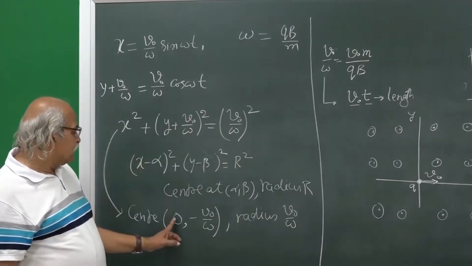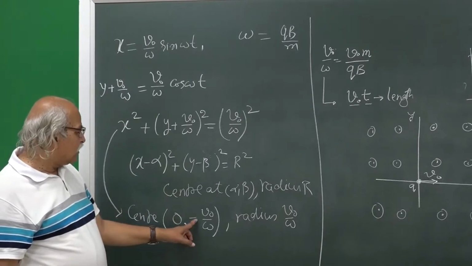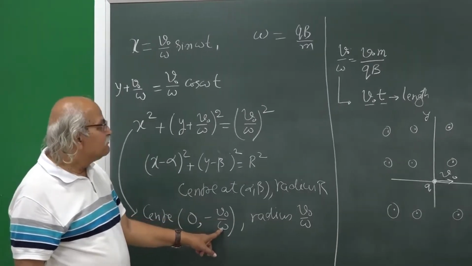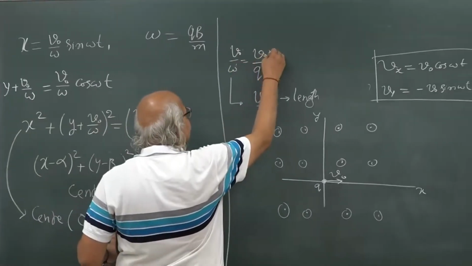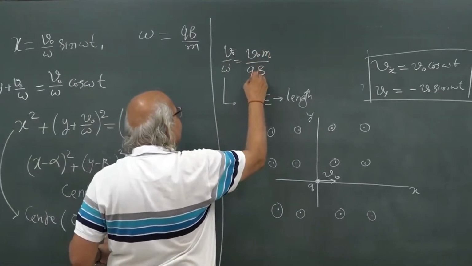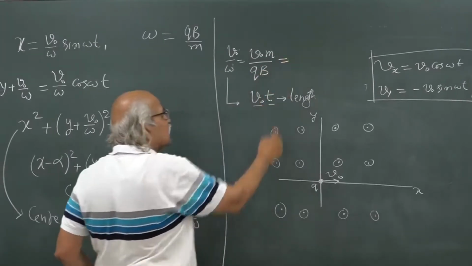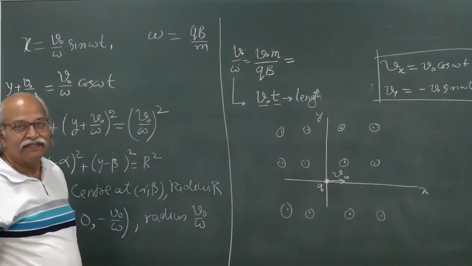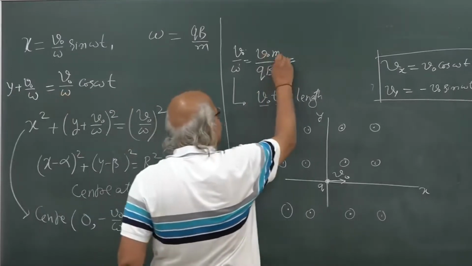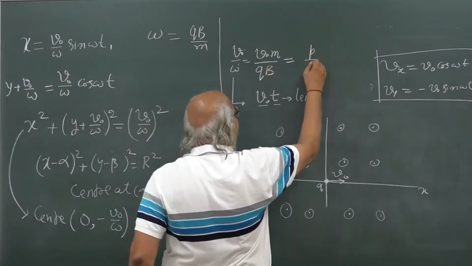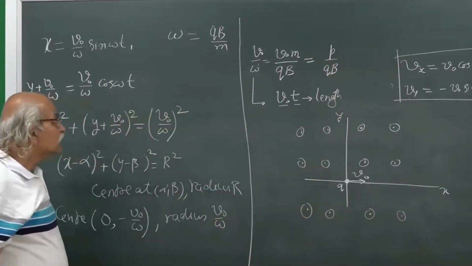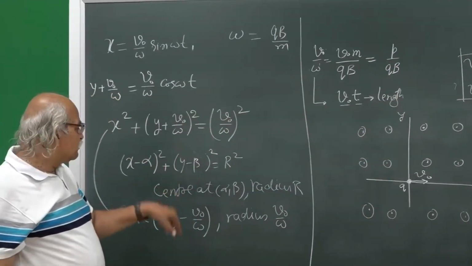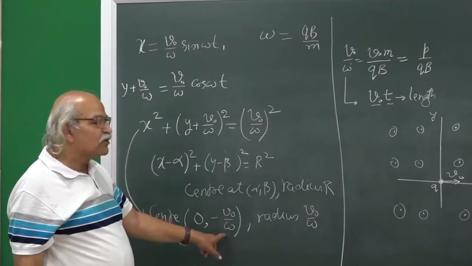Where is the center? 0 comma minus v naught by omega, and v naught by omega is mass times v naught divided by QB. If your speeds are non-relativistic, you can write this as linear momentum divided by Q times B.